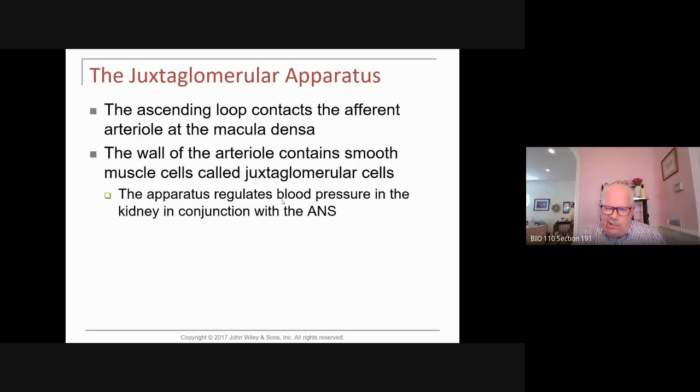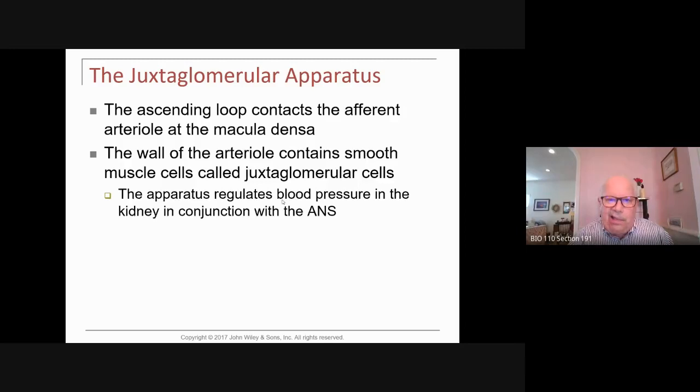When your blood pressure is low, the juxtaglomerular cells in the juxtaglomerular apparatus secrete the hormone enzyme renin. Renin gets into the bloodstream and circulates.